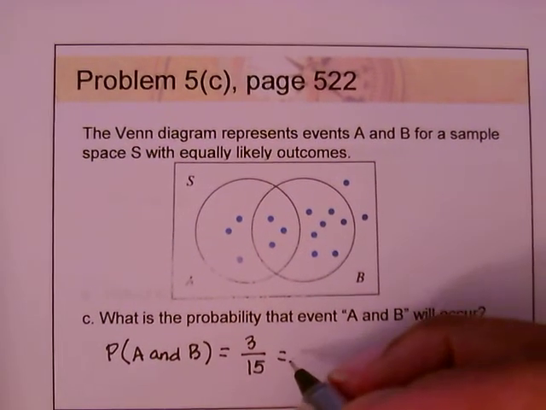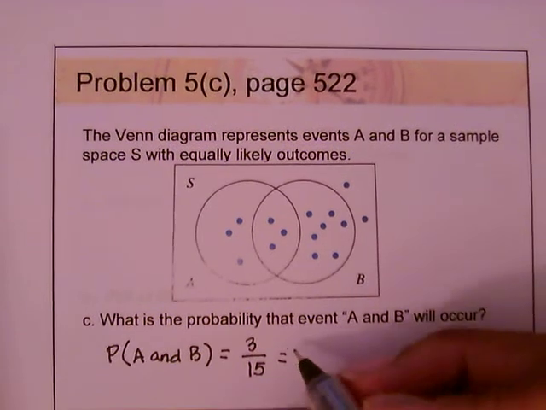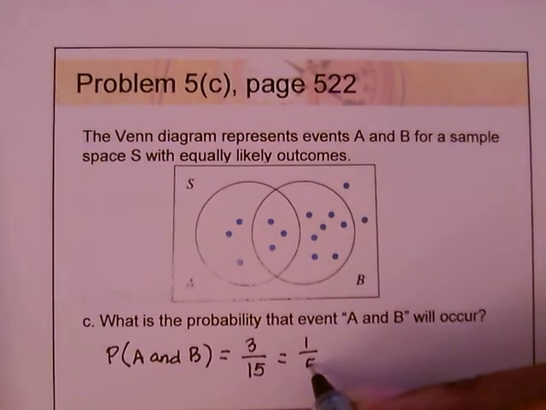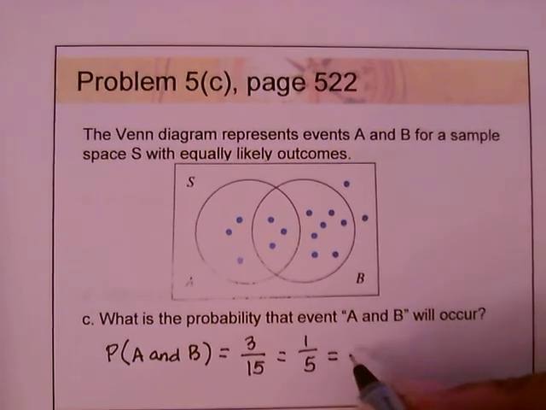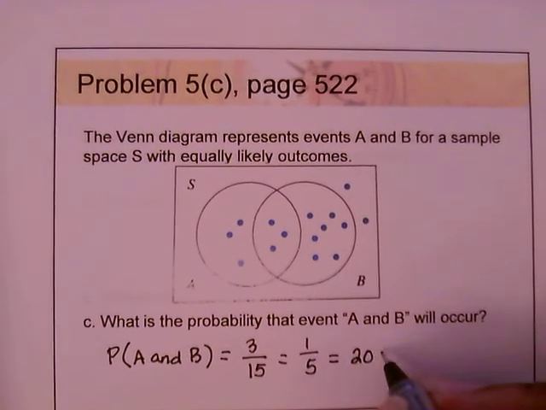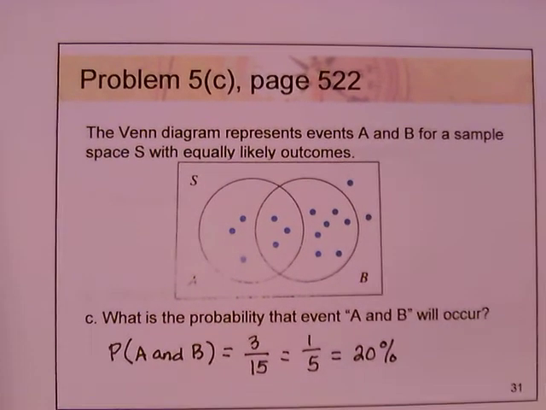And if I reduce 3/15, that would be 1/5. And as a percent, if you do 1 divided by 5, multiply that by 100%, you'll get 20%. So in this case here, 20% represents the probability of event A and B occurring.